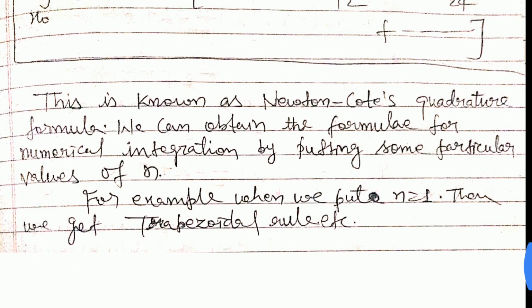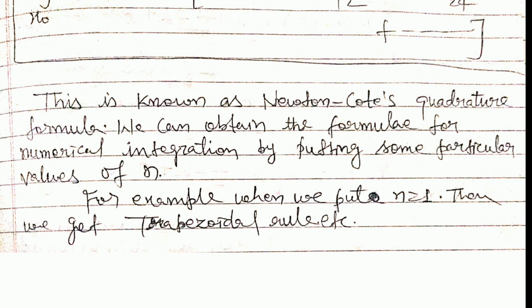We can obtain the formulas for numerical integration by putting some particular values of n. For example, when we put n is equal to 1, we get the trapezoidal rule. When we put n is equal to 2, we get Simpson's 1/3 rule.